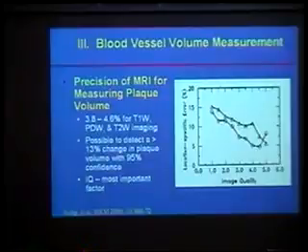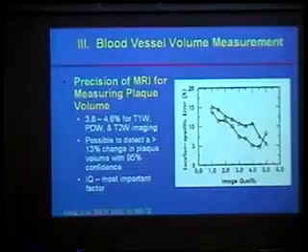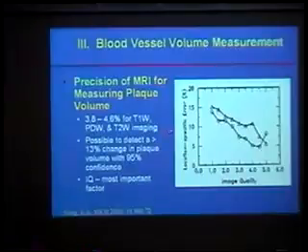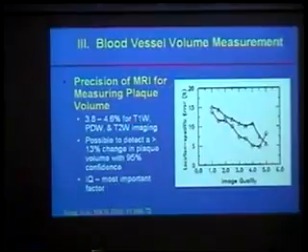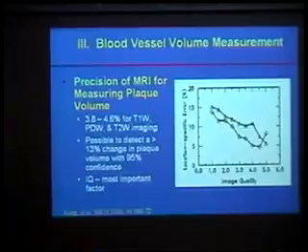This is compared with existing techniques for looking at the vessel wall, such as intravascular ultrasound, where you can bring a catheter into the coronary arteries to look at this. But that is a highly invasive technique, and the variability of volume measurement is actually significantly higher than these numbers.